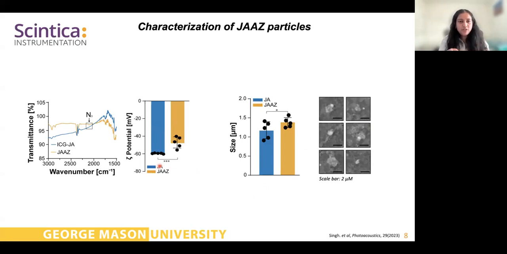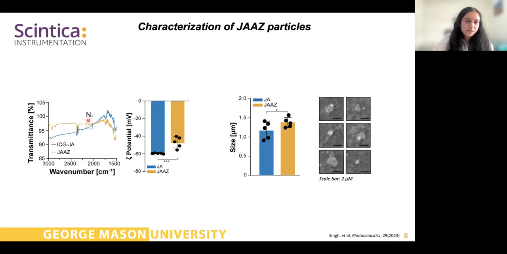Followed by that, we characterized the presence of the azide group. We wanted to make sure that the azide group was incorporated within these aggregates that were formed. For that, we performed FTIR. The N3, or azide group, has a very strong band in the FTIR at the 2100 per centimeter wave number.